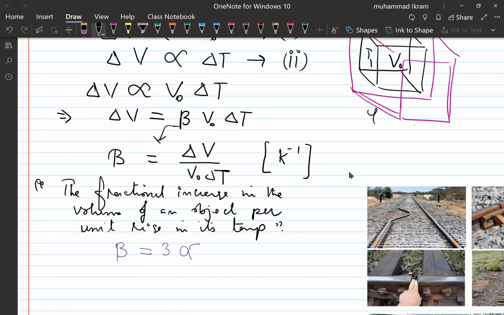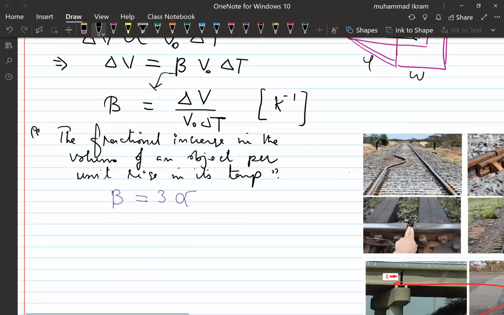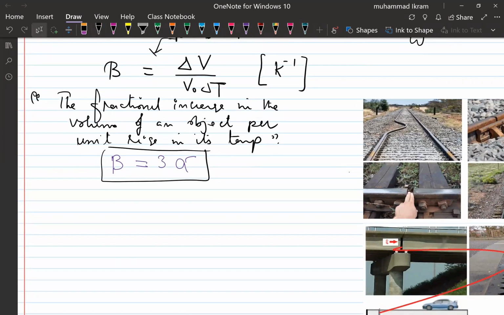The length, the width, and the height, and every dimension is affected by increase in temperature. This is one of the reasons that if you calculate beta, it is 3 times alpha. So if you know the linear coefficient of thermal expansion, you can easily find the volumetric coefficient of thermal expansion. And this alpha is also equal to 1 over 3 times beta.